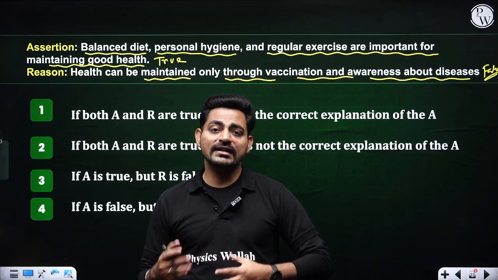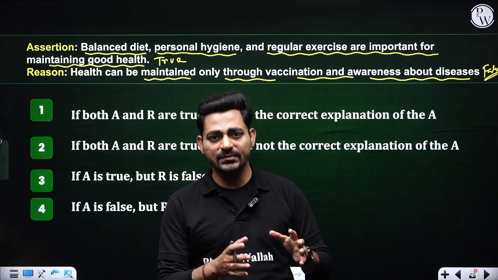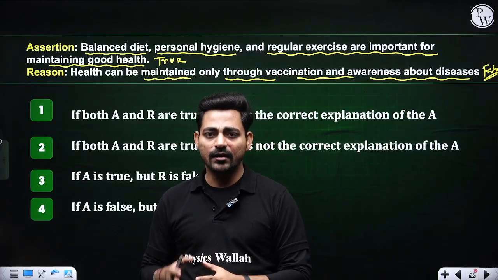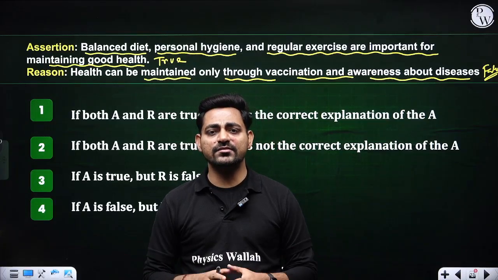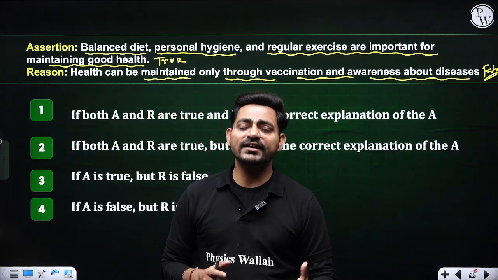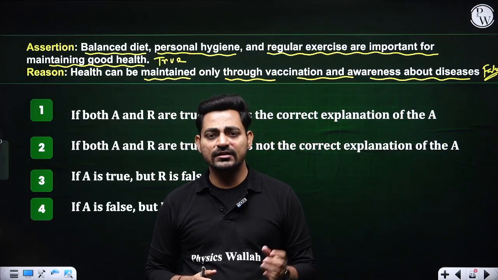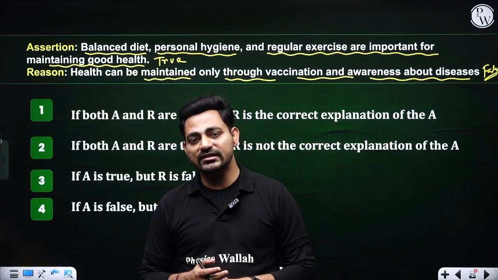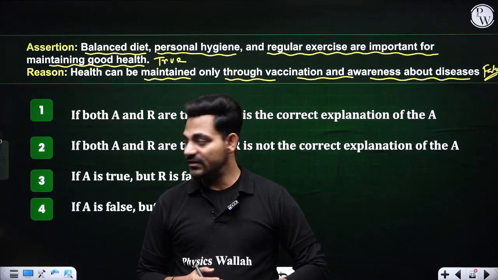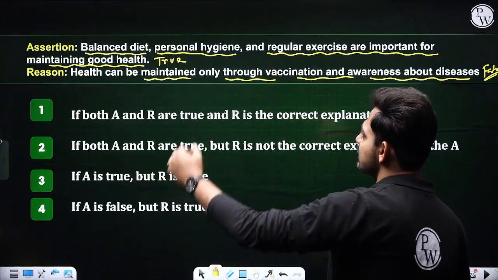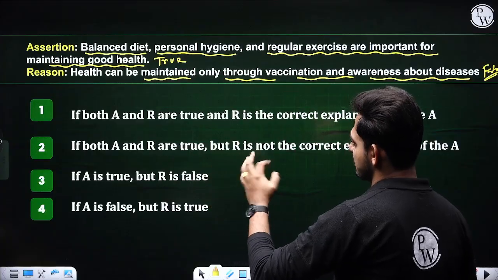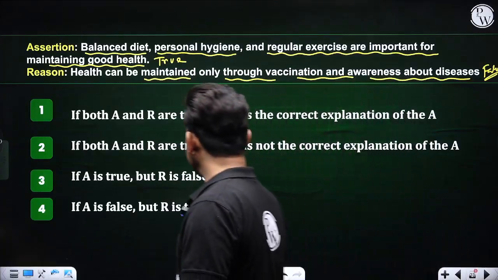They are larvivorous fishes, remember the names Gambusia and guppies. They are introduced in stagnant or dirty water bodies where there is a breeding ground for mosquitoes and flies. They feed upon those mosquito larvae and get rid of them. So here the answer is clear: the assertion is true and the reason is false.